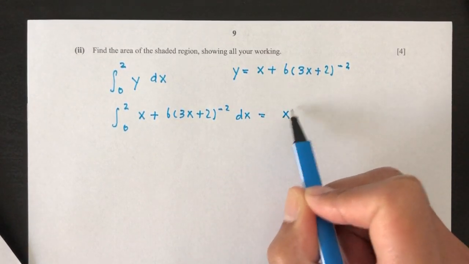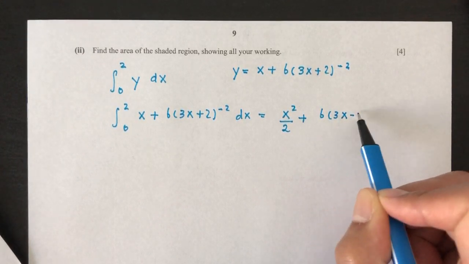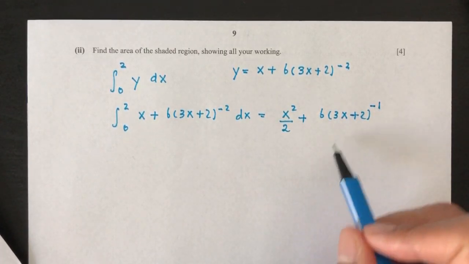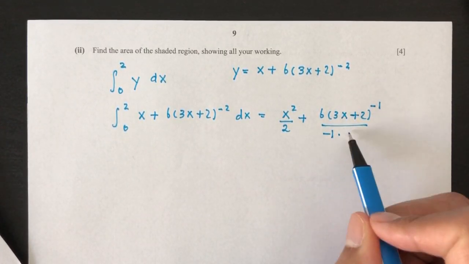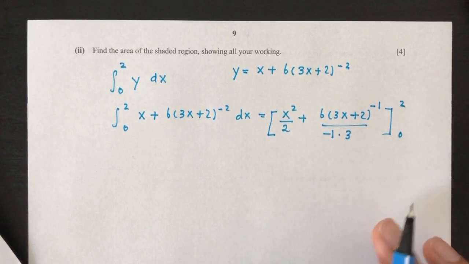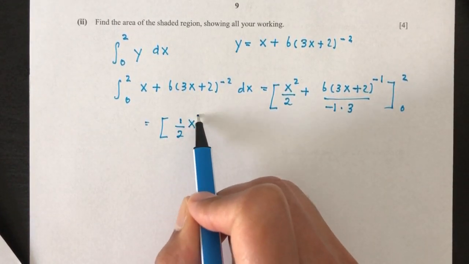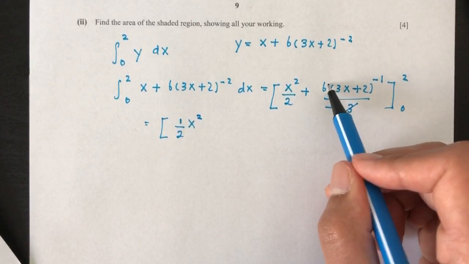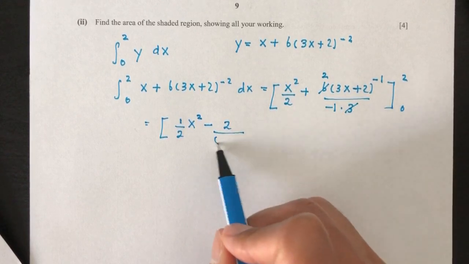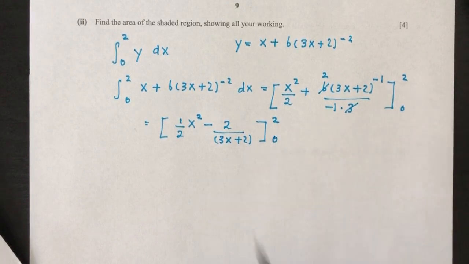That will become x squared over 2 plus 6 times (3x plus 2), you have to add 1 to the power, that becomes minus 1, divided by minus 1 times 3, between 2 and 0. Now simplify, that will become half x squared, minus 2 over (3x plus 2), for the 2 and 0 limits.